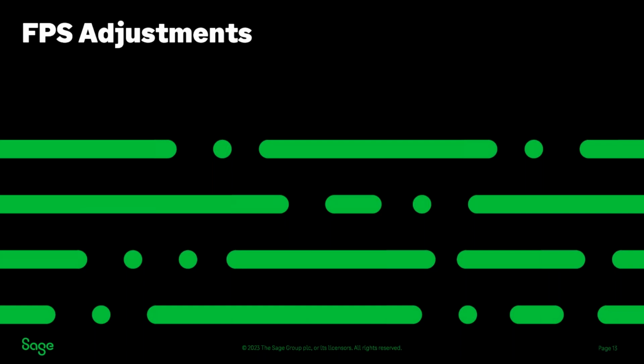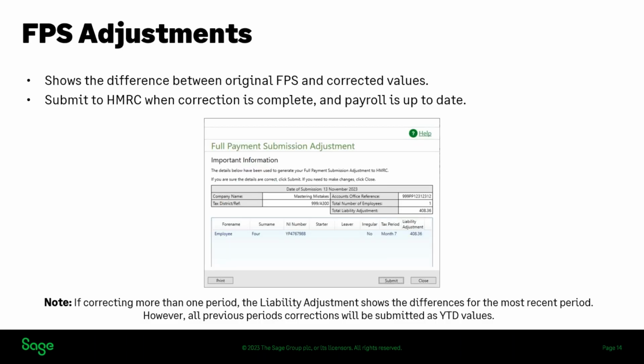And this is where the FPS adjustment, full payment submission adjustment, comes in. It is something that will show the difference between the original FPS values and the corrected values. So it's not sending the same information again. It's not sending the full pay and deductions, it's just the differences.